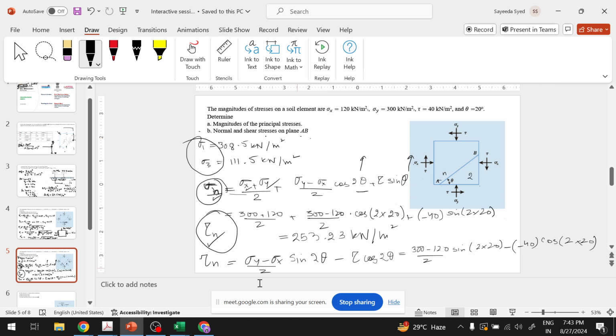This comes out to be 88.4 kilonewton per meter square. This is tau n, and this is sigma n.